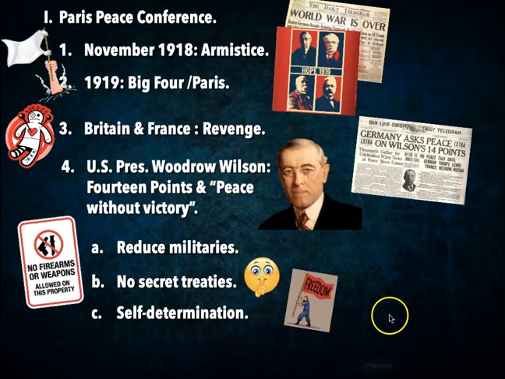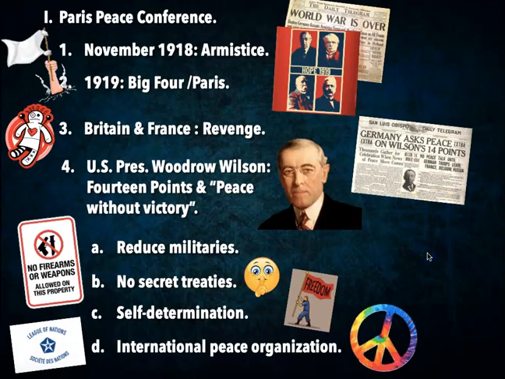And then last but not least, Wilson calls for the creation of a peace organization. Okay, it eventually will be created, called the League of Nations. And he sees this as a way for conflicts to be settled before they turn into a war. When two countries have an issue, they come to the League of Nations.